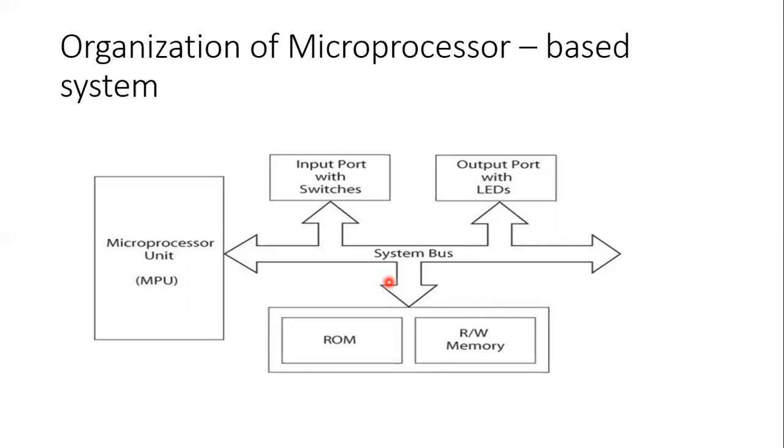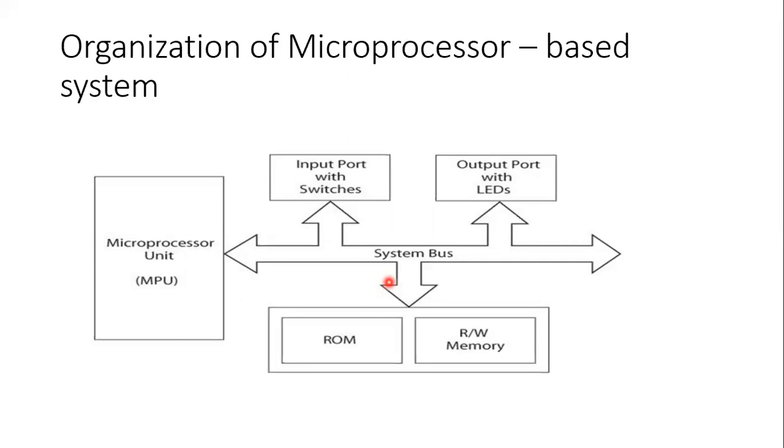The microprocessor is one among many microprocessor-based systems. So it includes three components: the microprocessor, then input output, and then memory. The input output consists of input switches and output ports.